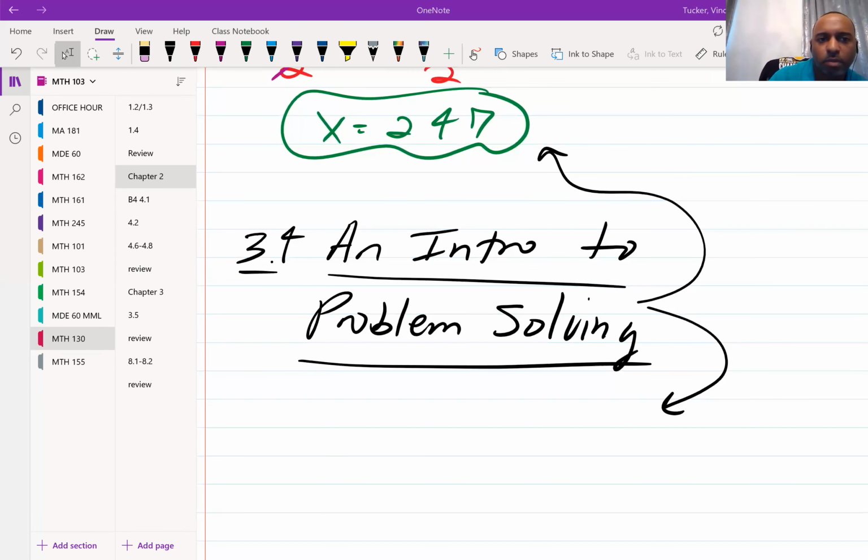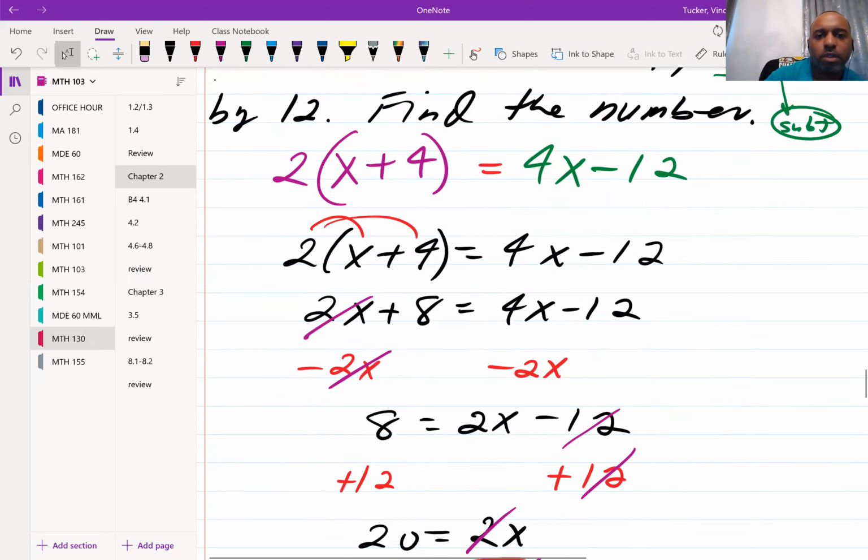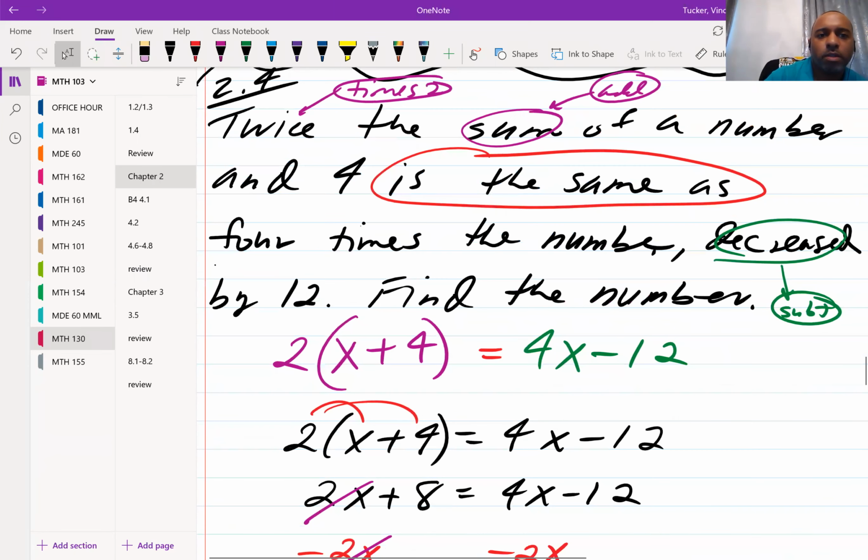Oh, there are not many problems in this section. Okay. All right, so let's look at a few problems and then we'll go from there.